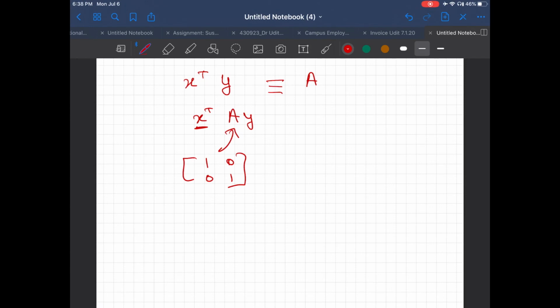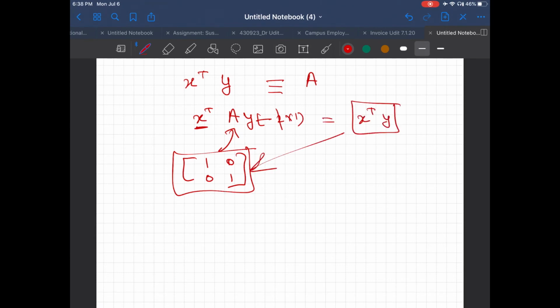And if we multiply any vector of dimension 2 cross 1 and take its transpose, it becomes 1 cross 2, making sure that it is size compatible with A. y is of dimension 2 cross 1, so we would end up with the simple product x transpose y, and hence we can say that the uniqueness of the dot product is guided by [1 0; 0 1] in this case, which also happens to be the basis of R2. And this is a new interpretation of the dot product that is typically used in machine learning, that we are doing nothing special.